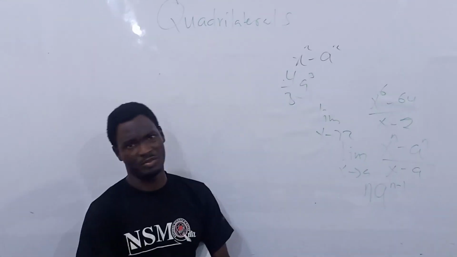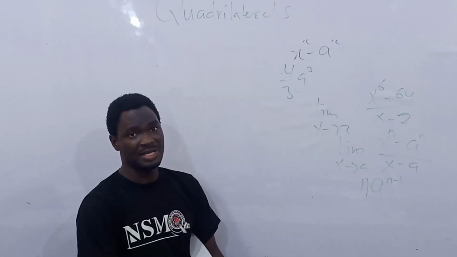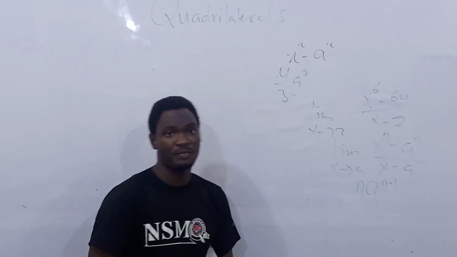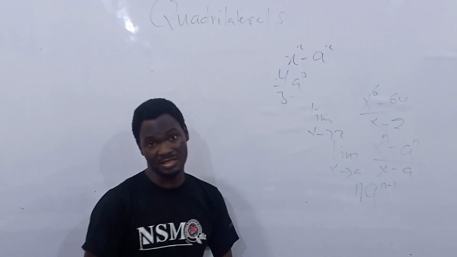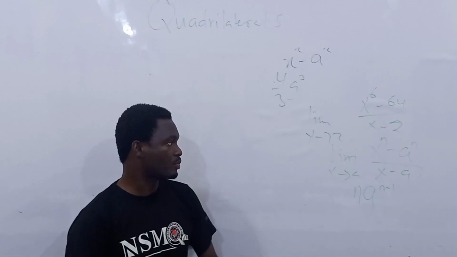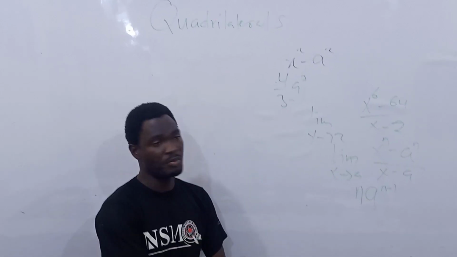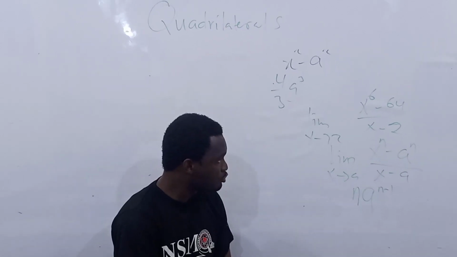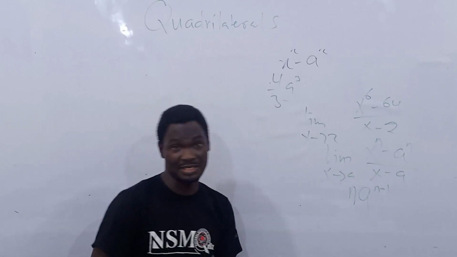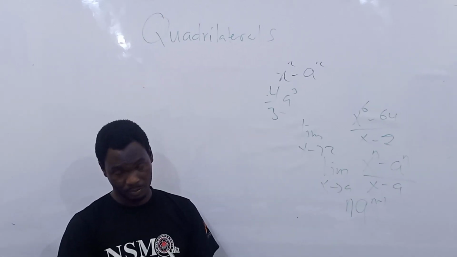There we go. So what will be the limit as x approaches 2 of x exponent 6 minus 64 on x minus 2? We have 6 multiplying 2 exponent 5, that is 6 times 32.